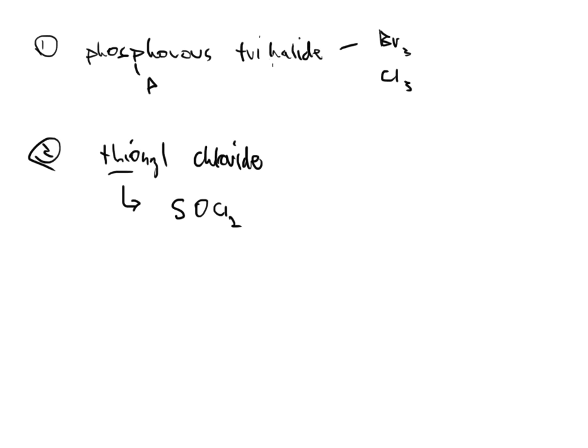So phosphorus trihalides, PBr3 and PCl3, or thionyl chloride, SOCl2. Let's think about the reason that we choose these. We've talked about getting rid of OH and replacing it with what?